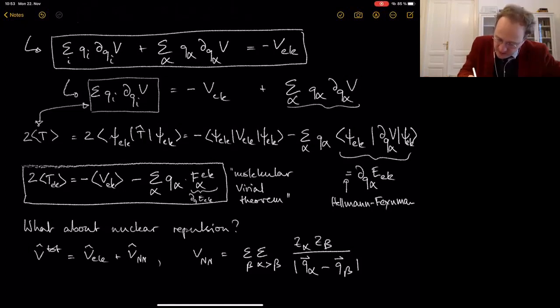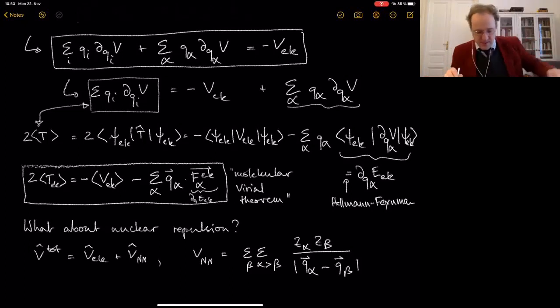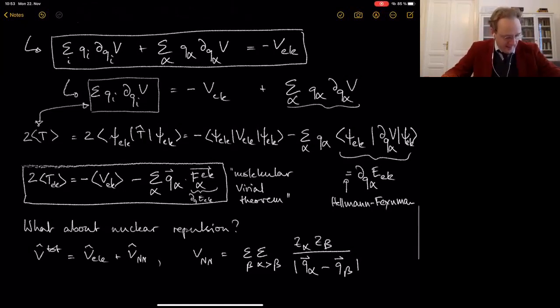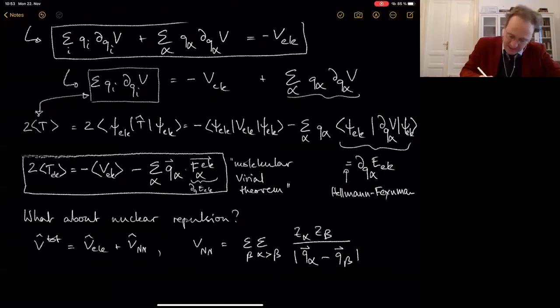I should also note the vector. And now we plug that in the total Schrodinger equation.